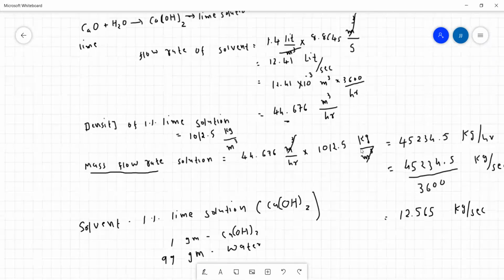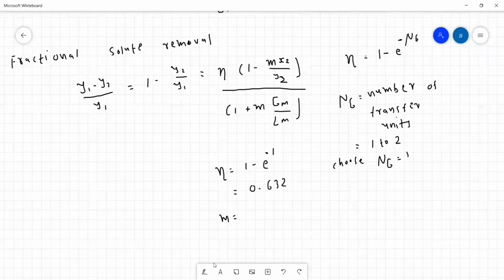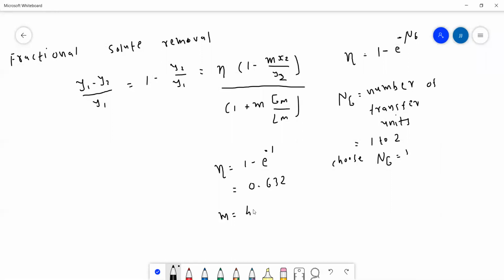Now x2 is nothing but the mole fraction of solute in incoming solvent.